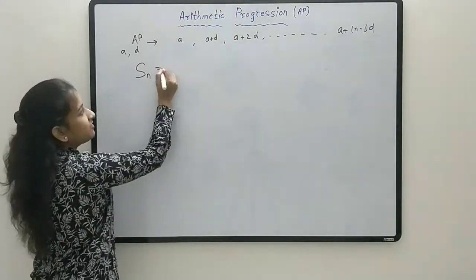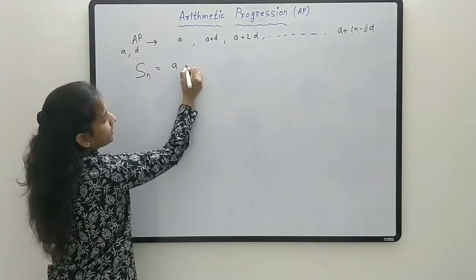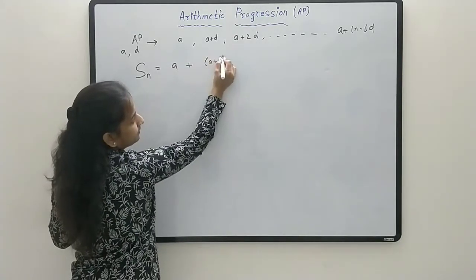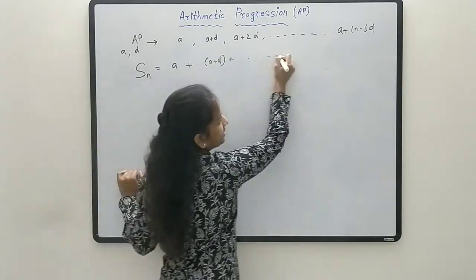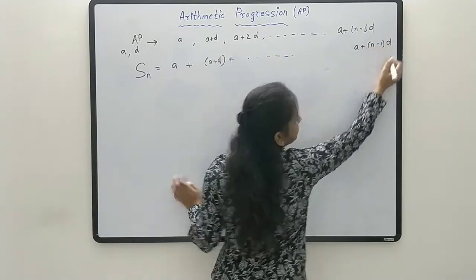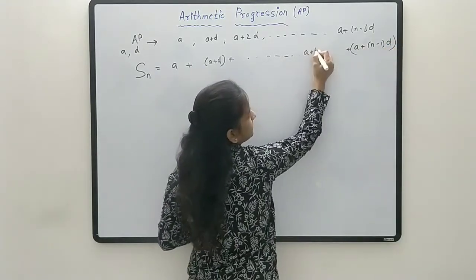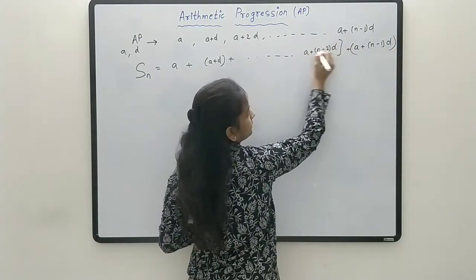Okay, then what is Sn? Sum of all this, right? a plus a plus d plus like this it continues. Last term will be a plus n minus 1 d, and second last term will be a plus n minus 2 d.